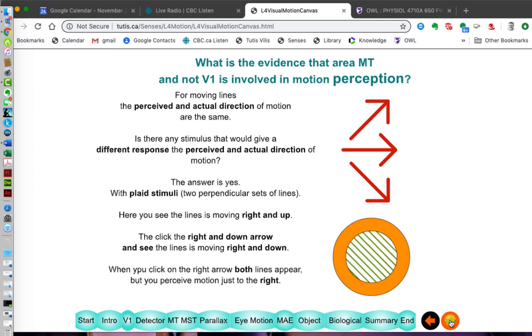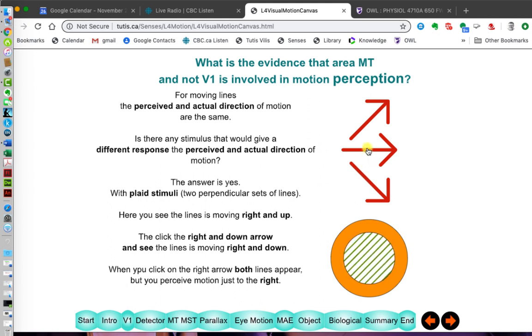We're going to try something else, a different stimulus. Here you can see lines moving up to the right, and here we'll see lines moving down to the right.